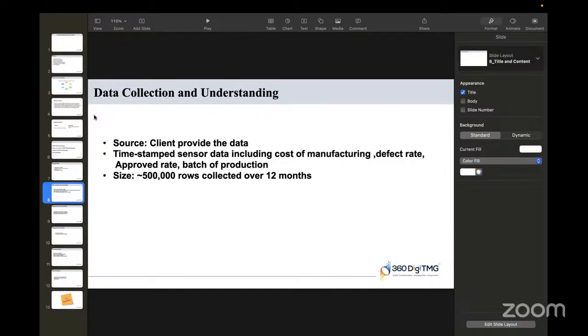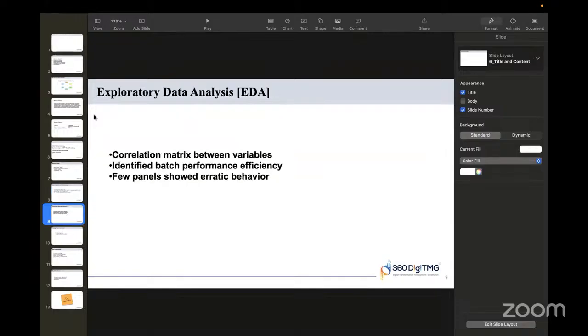It has more than 5 lakh rows and 12 months of data. For the EDA part, we did box plot analysis, correlation matrix between variables, and identified the best performance efficiency. We also looked at the behavior of each and every column individually and what effects are there.